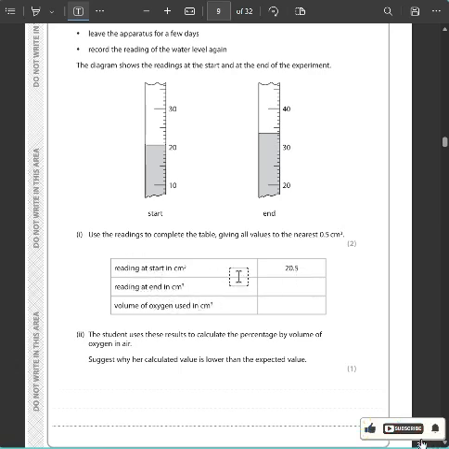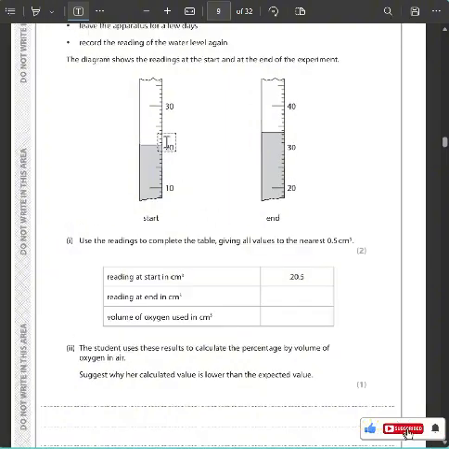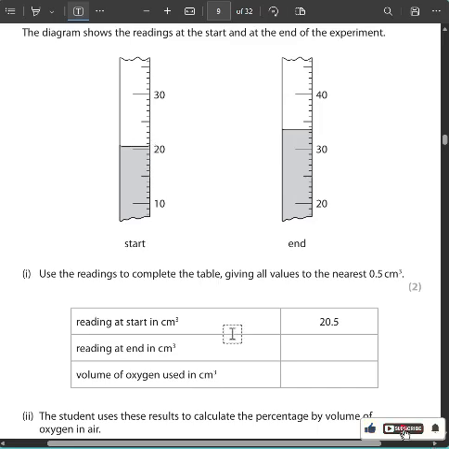Reading at start in cm³ is 20.5, as you can see from here, the starting position, and reading at the end is around 33.5. Volume of oxygen used in cm³ is the result of subtracting 20.5 from 33.5, and that is 13.0.